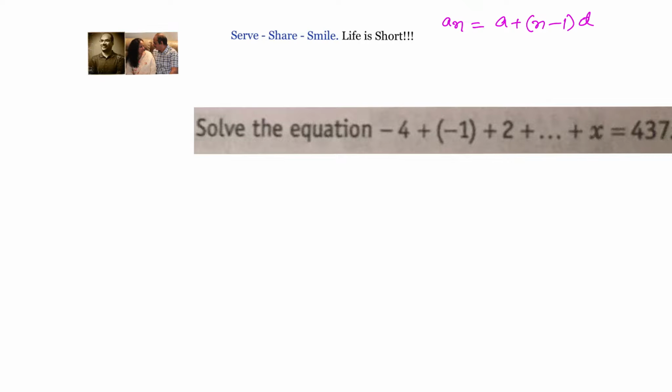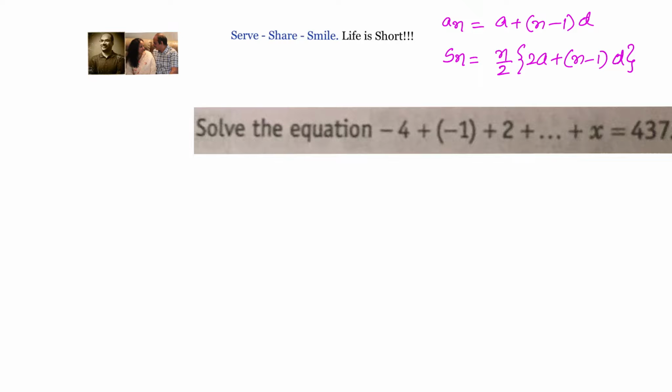Common difference is the difference between the successive number and the previous number. Then we have the sum of first n terms, which is given by Sn equals n by 2 into 2a plus n minus 1 into d.